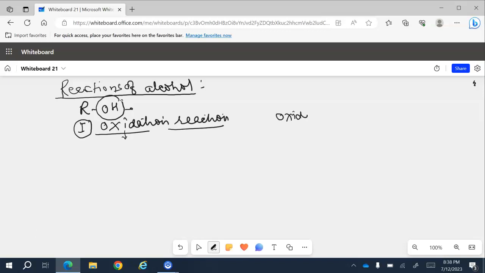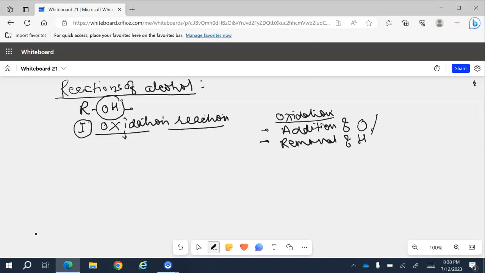Whenever we say oxidation, we consider that as the addition of oxygen. Or in other words, since oxygen and hydrogen have opposite roles, we also consider oxidation as the removal of hydrogen or addition of oxygen. That is what we call oxidation.